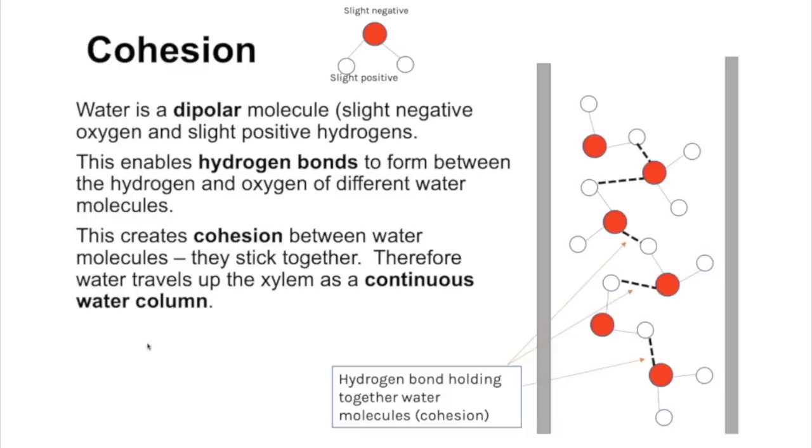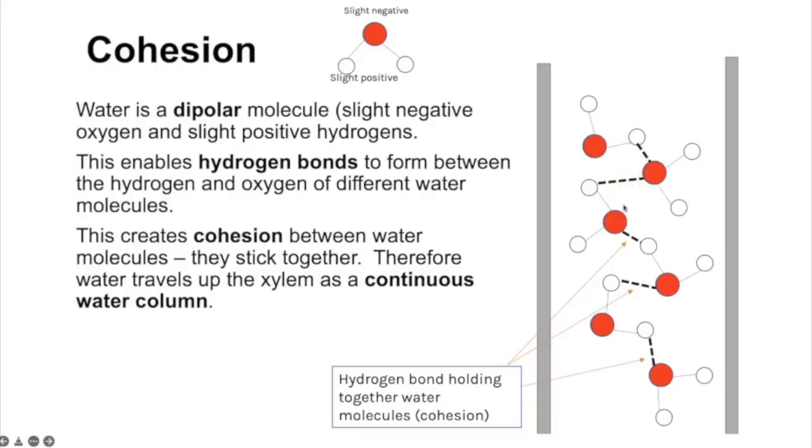So if we look at cohesion first, this links to the theory of water. Water is dipolar, meaning we've got 2 different charges, a slight negative on the oxygen and a slight positive on the hydrogen atoms. And that means hydrogen bonds can form between the hydrogen and oxygen of different water molecules.